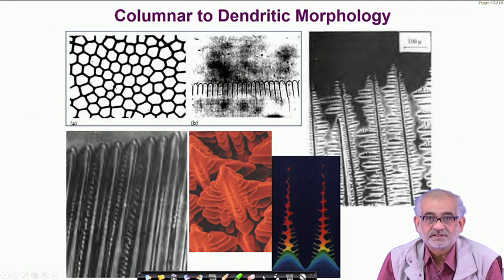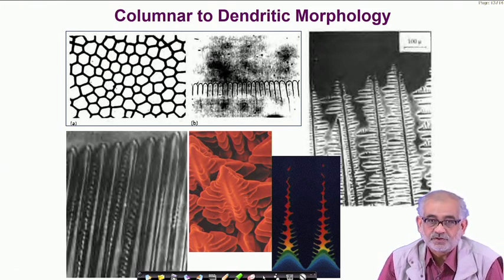So either columnar or dendritic structures are typical manifestations of the so-called micro or macrostructures that we see in solidified or cast masses. When you take a section of these columnar structures, you see very nice equiaxed regions.